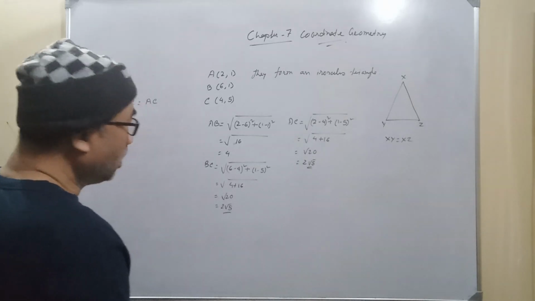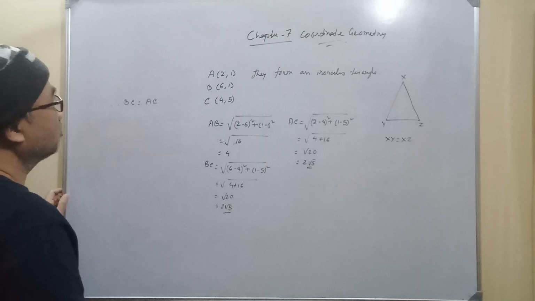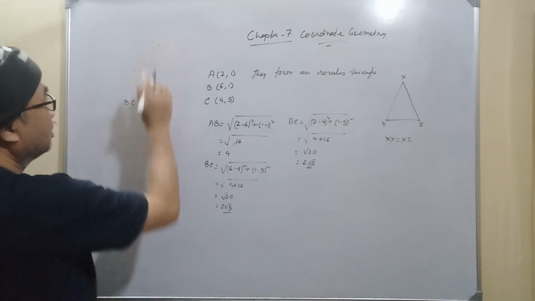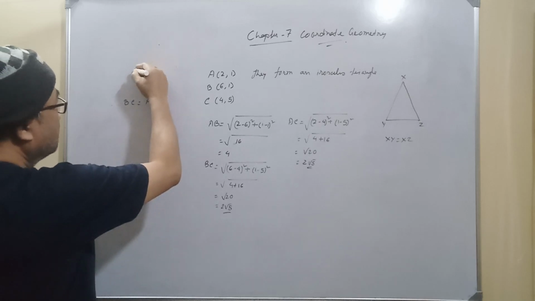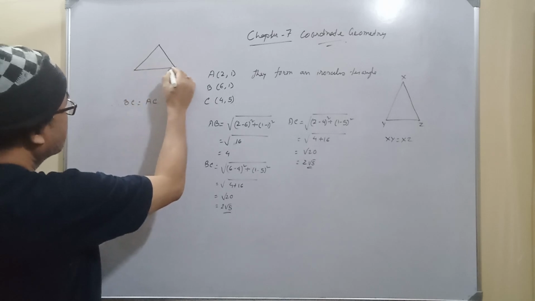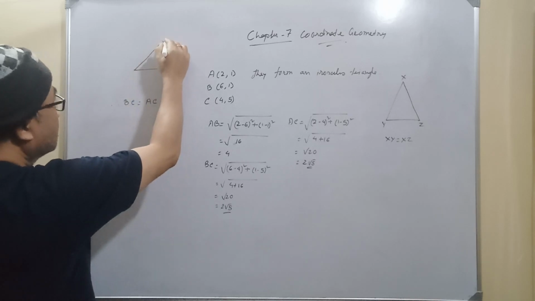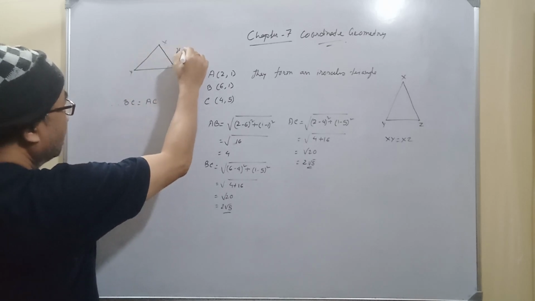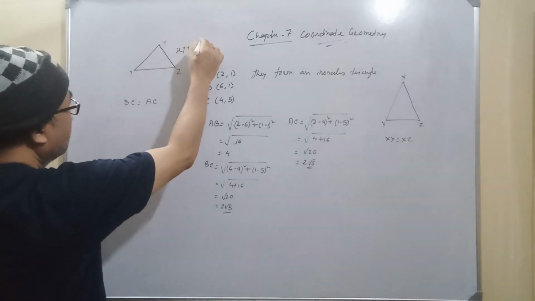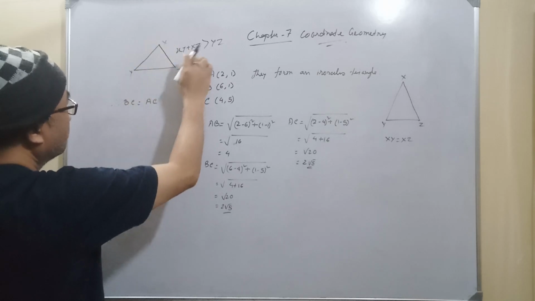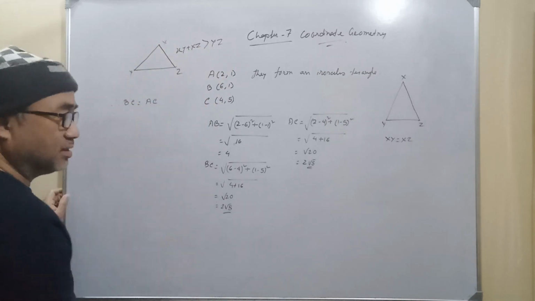Why? Because for any 3 points to form a triangle, the summation of any two sides should be greater than the third side. If XYZ is a triangle, then the summation of XY plus XZ will always be greater than YZ, the third side.